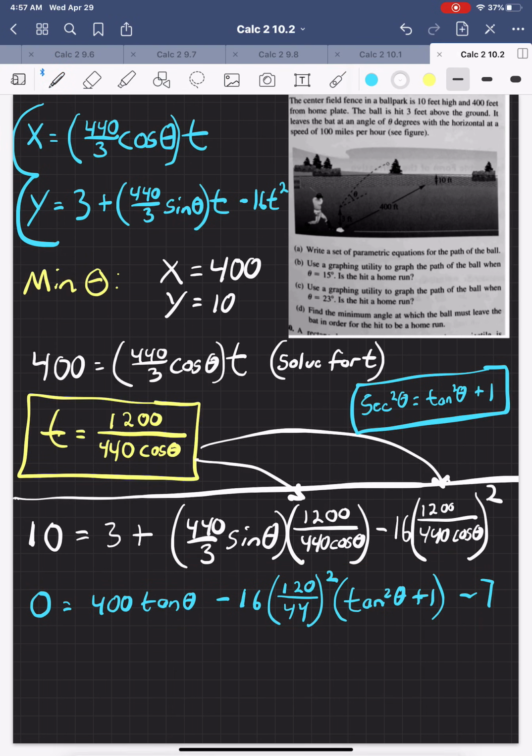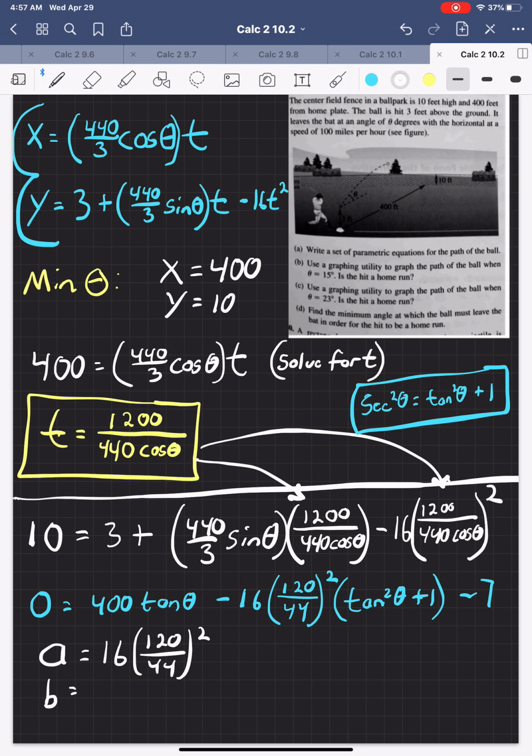With the quadratic that you would be left with, A would be whatever is attached to the x squared, which in this case would be the tan squared. A would be equal to 16 times 120 over 44 squared. The B would be equal to whatever is attached to tangent, as in Ax squared plus Bx.